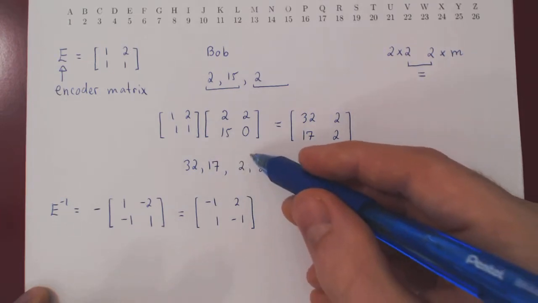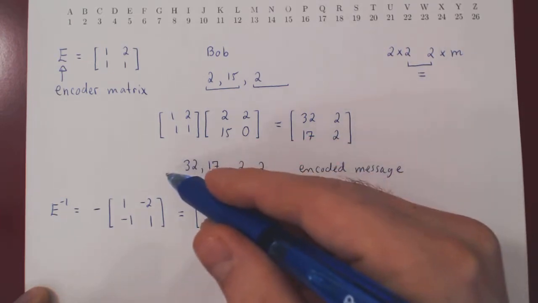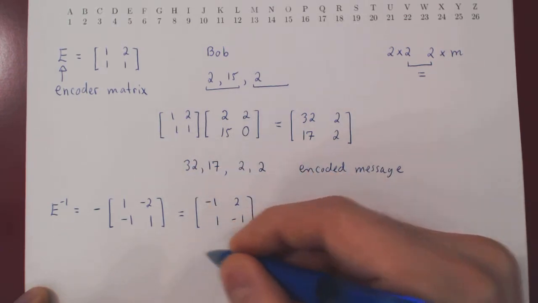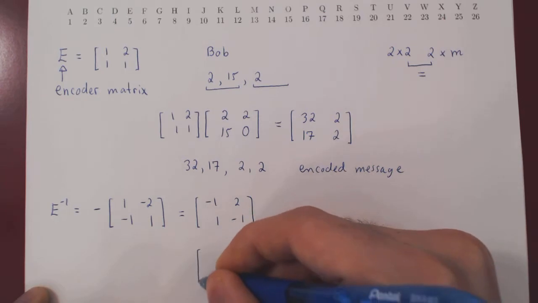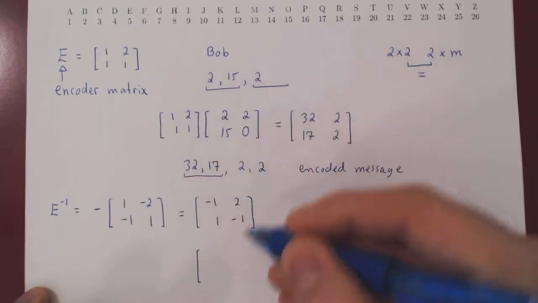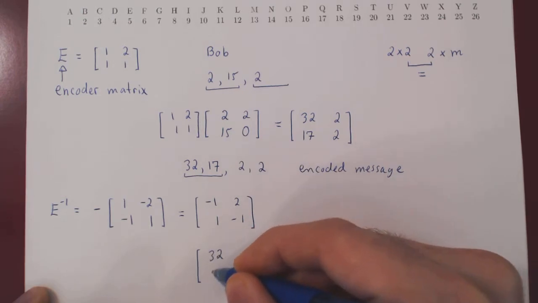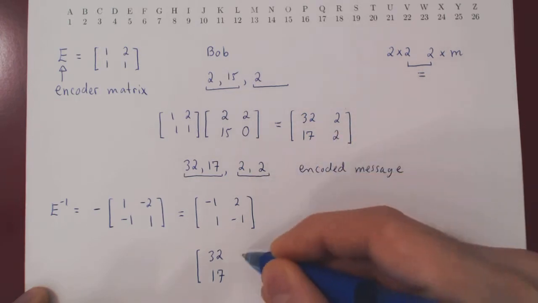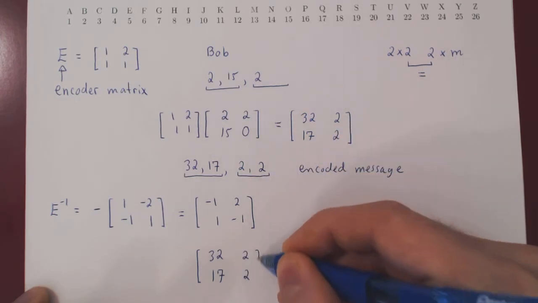So we go back and put our numerical message that is a string back into a matrix. The first string of 2 characters, 32, is the first column, 3217. The second string of 2 characters is our second column, 22.